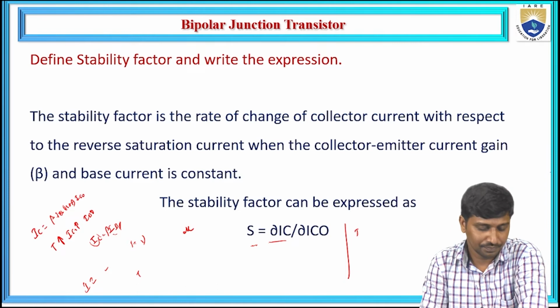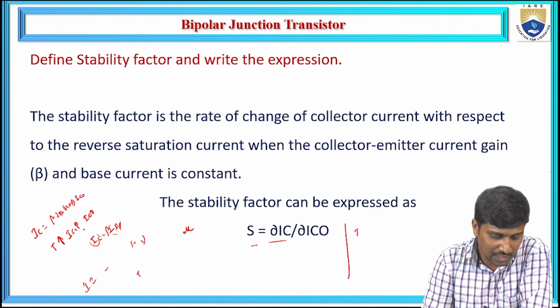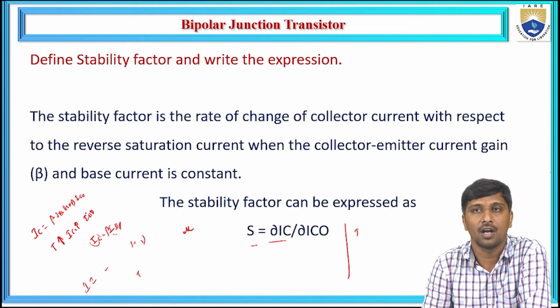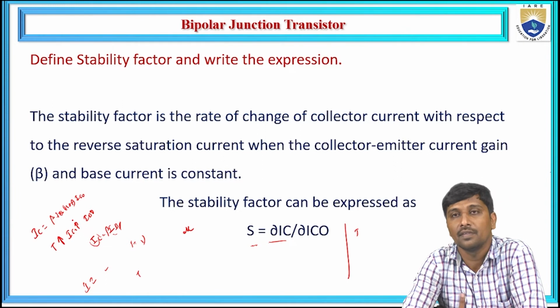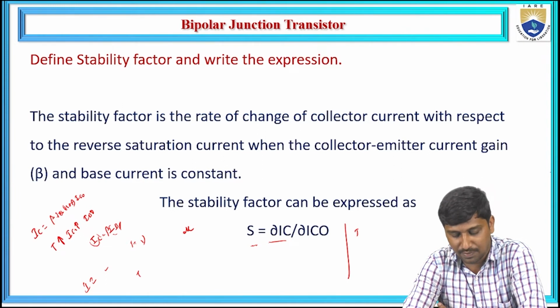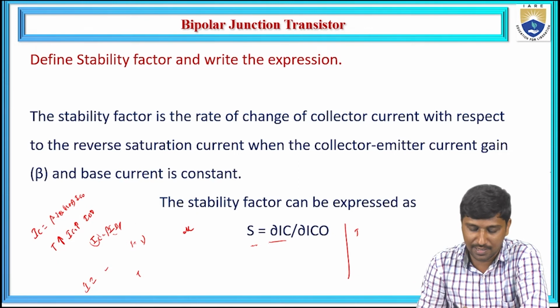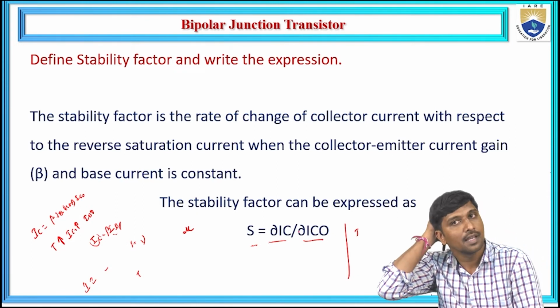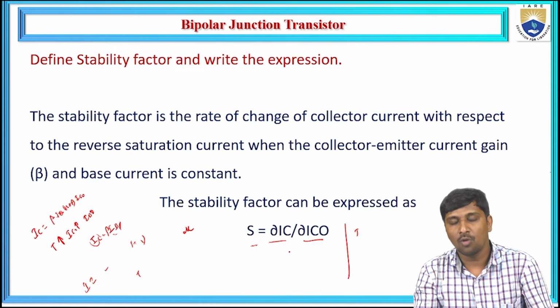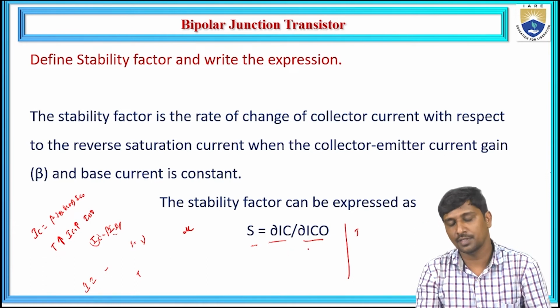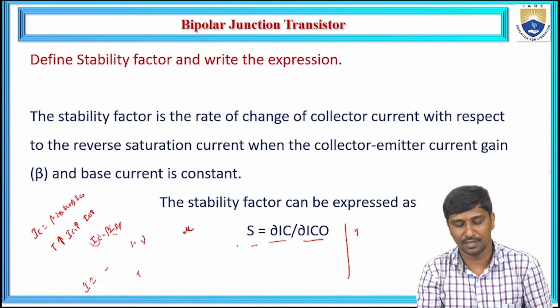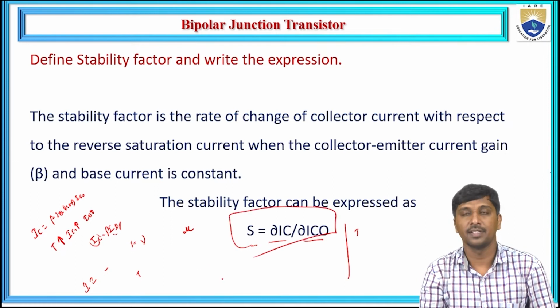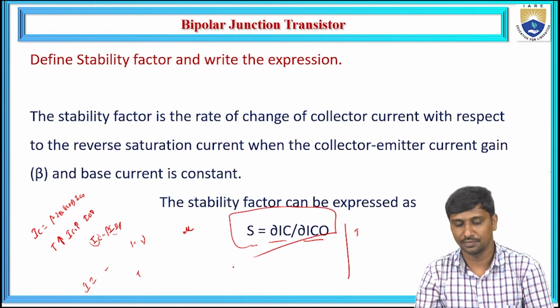That is the reason we need to identify the stability factor: how much the collector current changes with respect to the reverse saturation current, which is represented as IC naught. That change should be measured by the stability factor S.